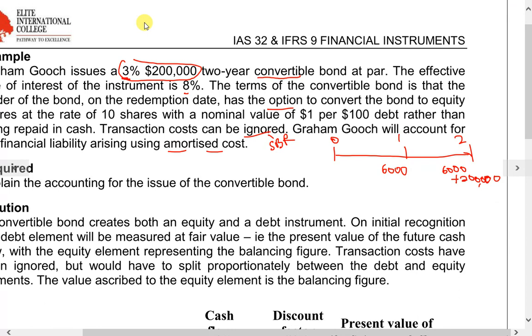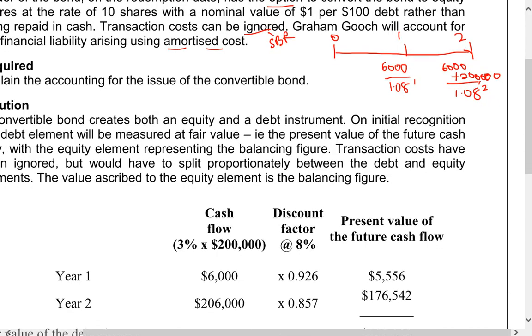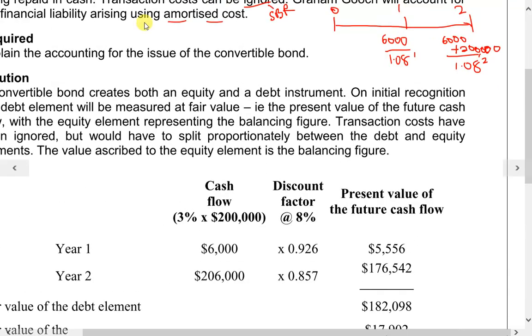To find the liability today, we discount at how many percent? We look at the answer here: 6,000 discounted at 1.08, and 206,000 discounted at 1.08.